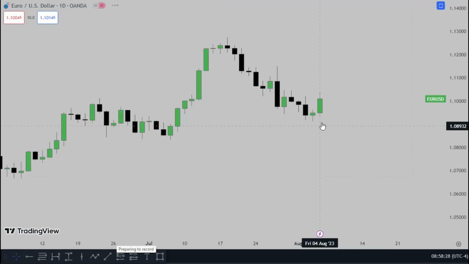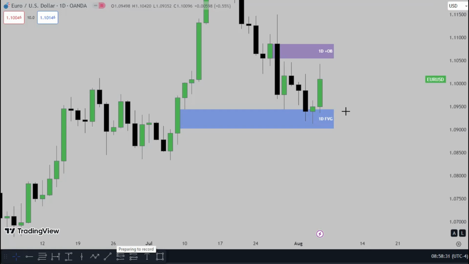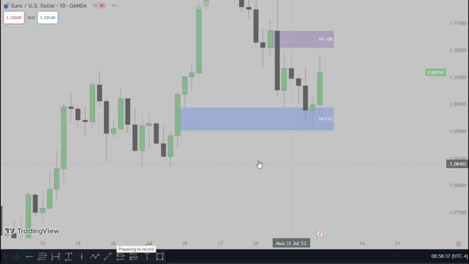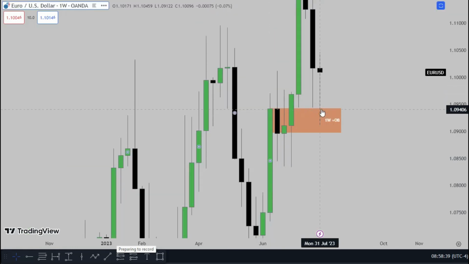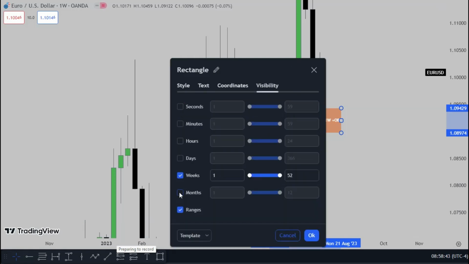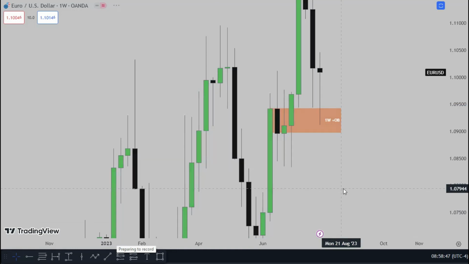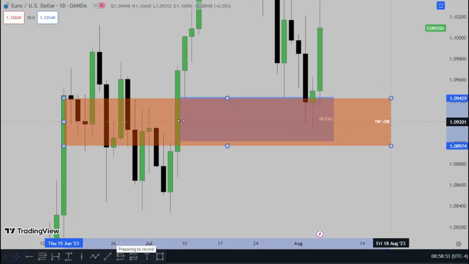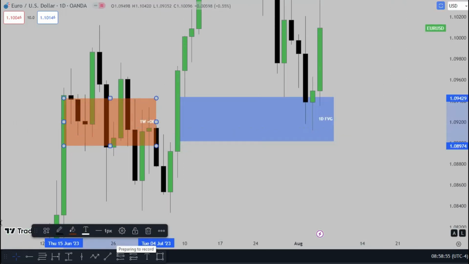Scaling down into the daily, within the same zone right here, we have the 1-day fair value gap. And if that didn't make sense, let me do it like this. We have this 1 week order block right here. Let's just enable it like this. Okay, now going into the 1-day time frame, within this 1 week order block, we have this 1-day fair value gap, just right here.